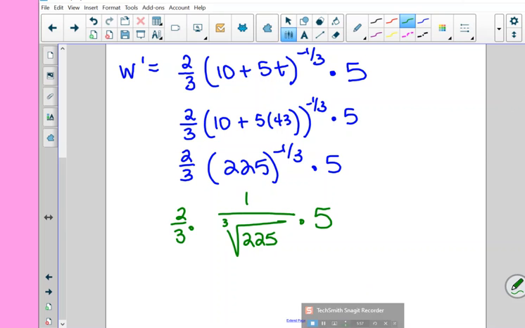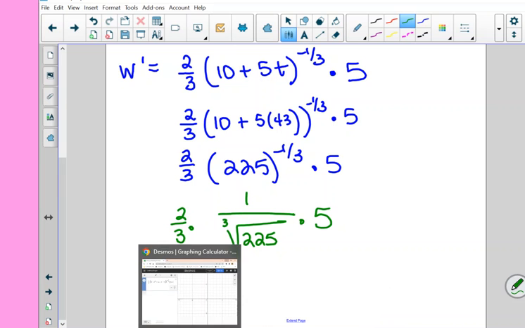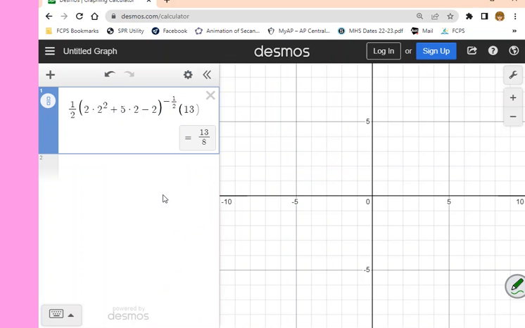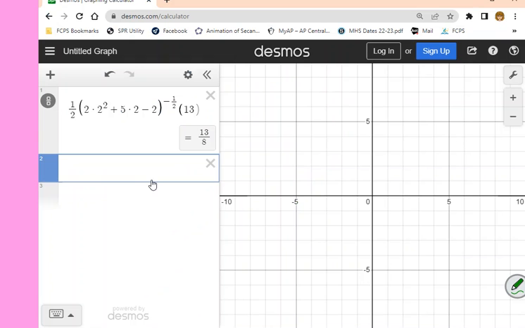Is Desmos still up here? All right, so how can we do that? I'll type 2/3, and then I don't have to put it as a 1 over.